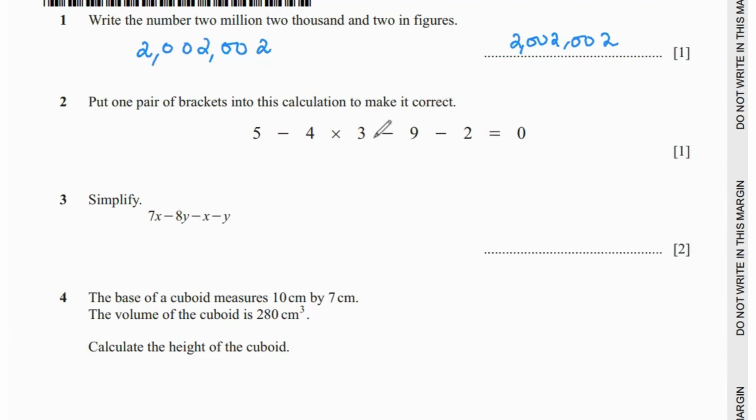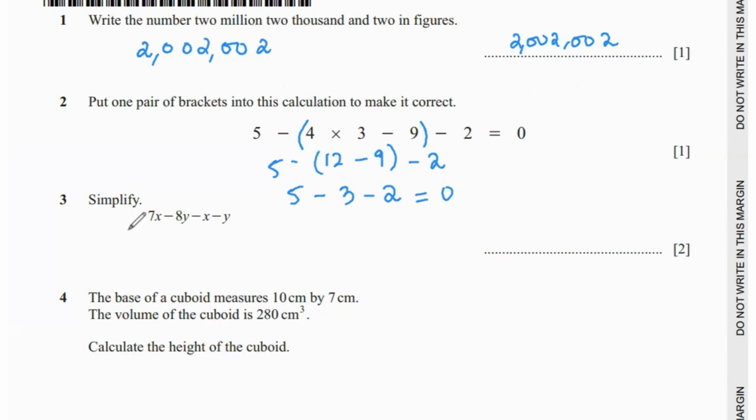If you put the brackets around these numbers, we can see that 4 times 3 is 12. So you have 12 minus 9 over here, minus 5 minus 2. 12 minus 9 is 3. So 5 minus 3 minus 2 is 0, which is exactly what the equation asks us to prove. So the brackets are going to be around 4 and 9.